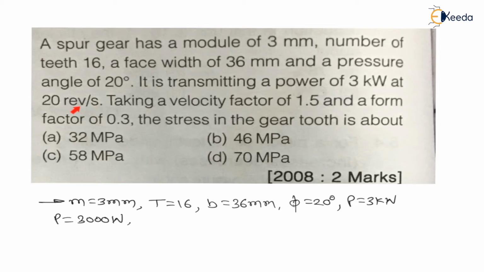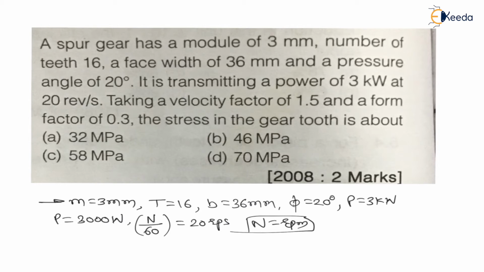Generally it is given in revolution per minute, then we write it as N. As it is revolution per second, that is N by 60, which is nothing but 20 rps, where N will be in rpm. So to convert revolution per minute, we have to divide with 60. Therefore it will become rps. That is total N by 60 is given here.